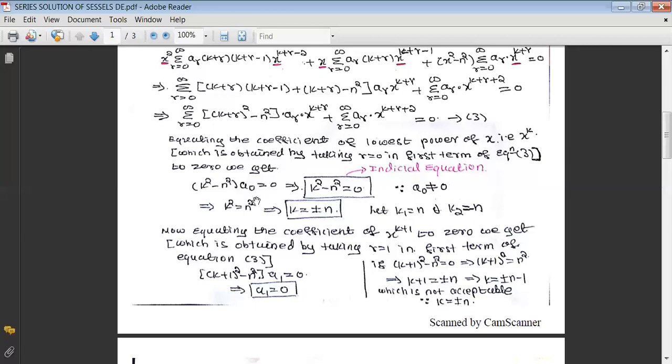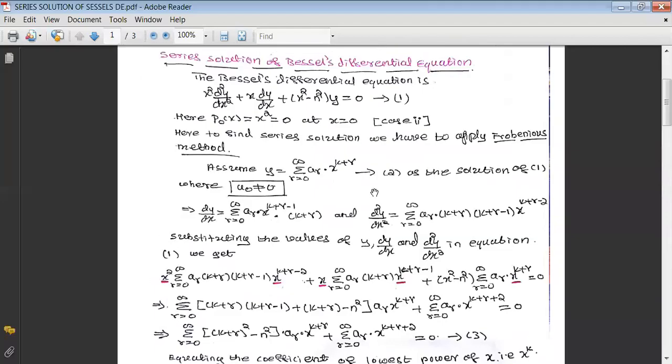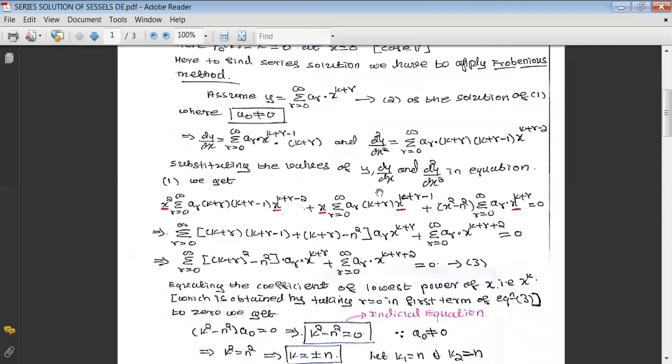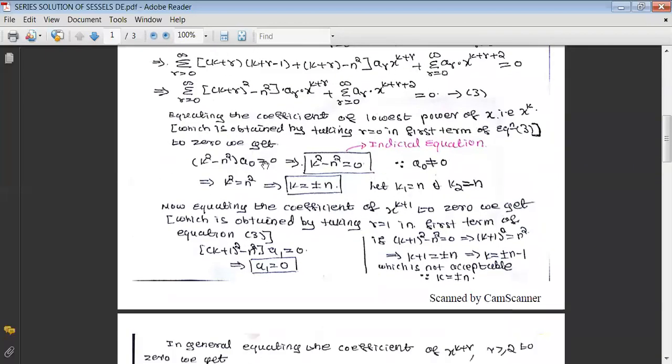If you take r equal to 0, we are going to get a naught. But in this second term, we are not going to get x raised to k. Let us leave that one. As already in the statement itself, we know that a naught is not equal to 0. That's here we have written already. That's why, when a naught is not equal to 0, this implies k square minus n square equals 0.